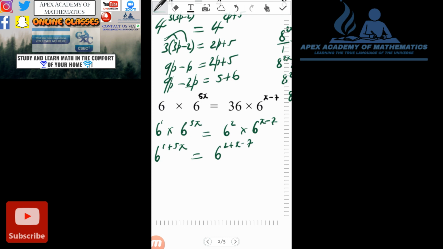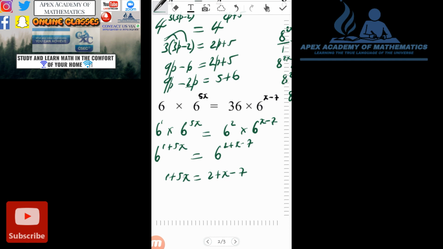All right, so if that's the case, then equal base property, drop the base, and we're going to rewrite the powers. The power here is 1 plus 5x, and that's equal to 2 plus x minus 7. All right, so just arrange the variables on one side and the numbers on the other side.